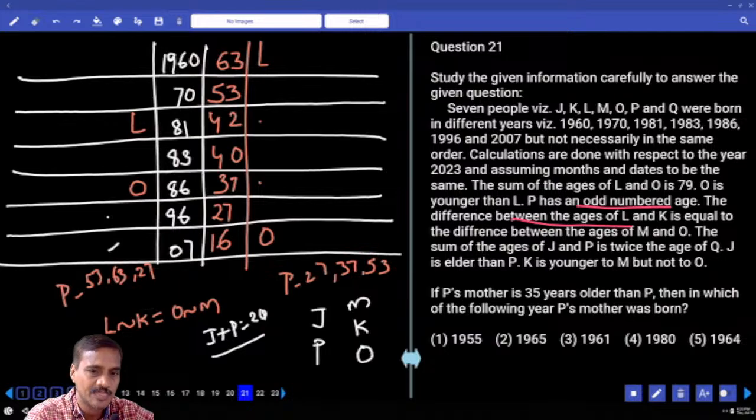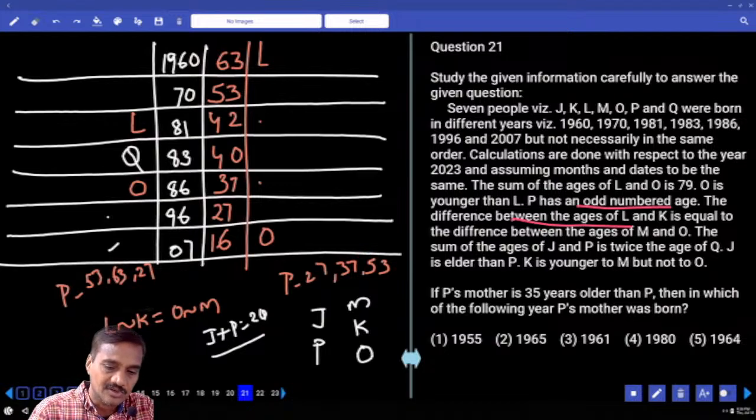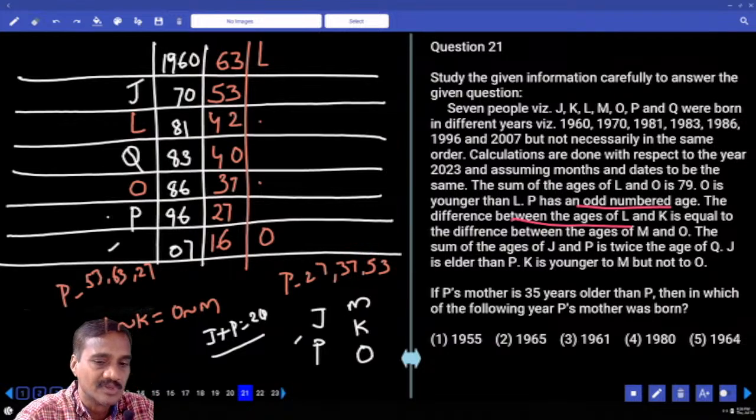Is it possible? No, Q cannot be here. Now if Q is here, then the sum of these two must be 80. Where is 80 for us? 63 plus 17, and 53 plus 27. J and P: J is elder than P, this is J and this would be P. Does that fit?